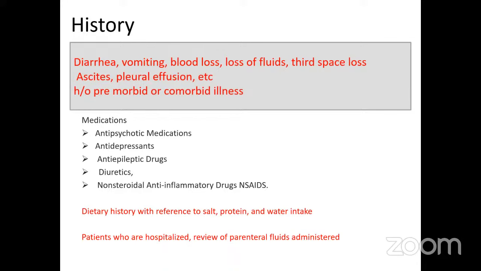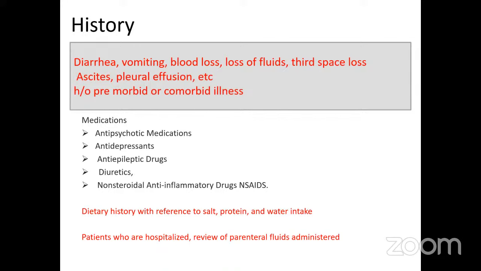Now, in the hospitalized patients, things are not very fine because very often, at least when I did my house surgeoncy, I never knew the difference between normal saline, half normal saline, 5% dextrose, and Ringer lactate. Because they'd say give some fluid, and not knowing what we are doing, we used to give 5% dextrose. We never knew that all this is detrimental or disastrous to a patient because there was no way to measure electrolytes also.